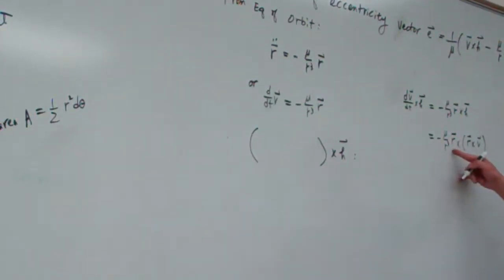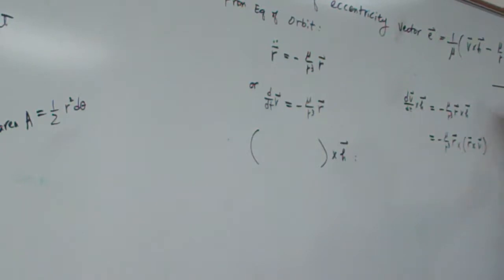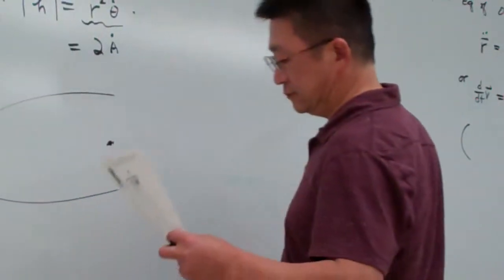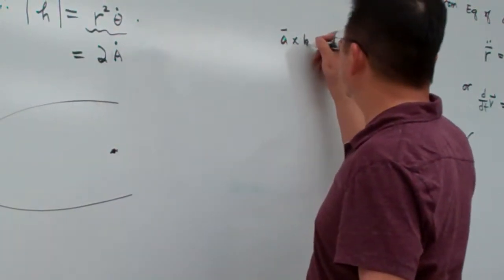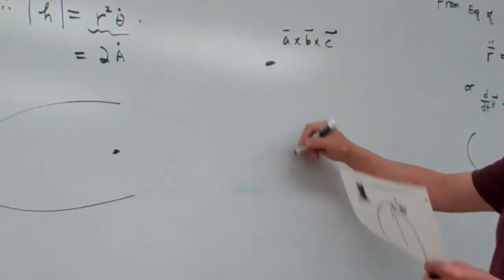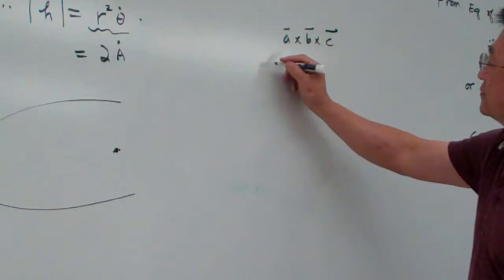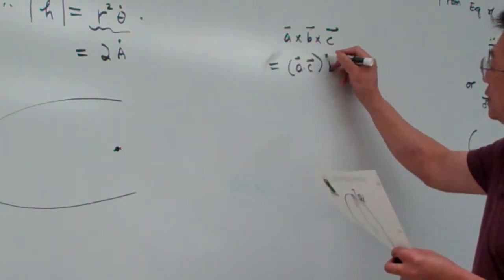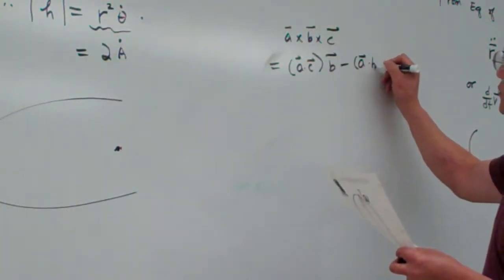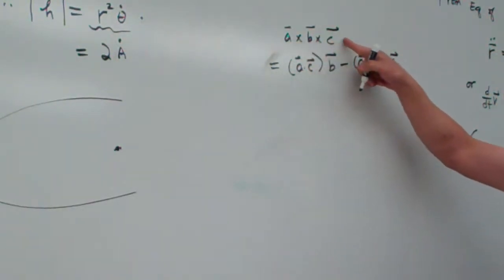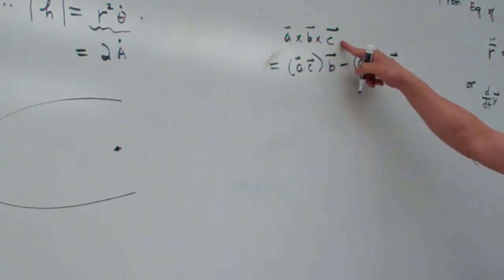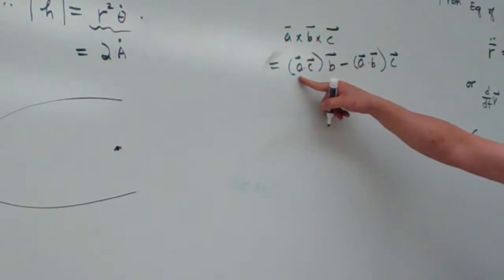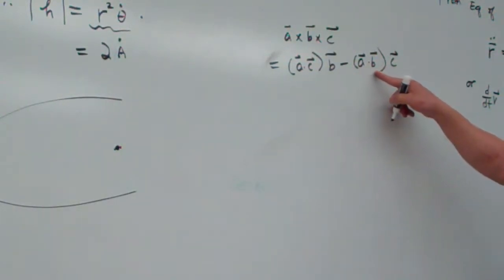Here we have a triple cross product, so I'm going to provide a formula: A cross B cross C equals A dot C times B minus A dot B times C. The result is a vector equal to a B vector with a magnitude determined by this, minus a C vector with a magnitude determined by this.